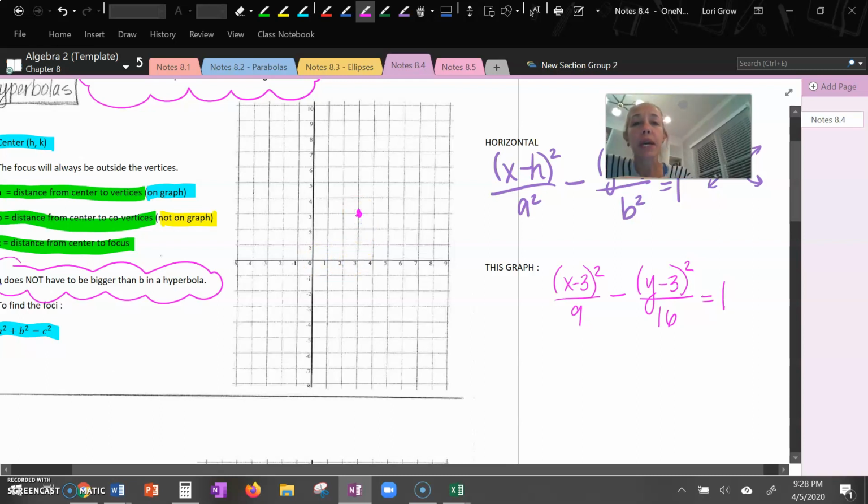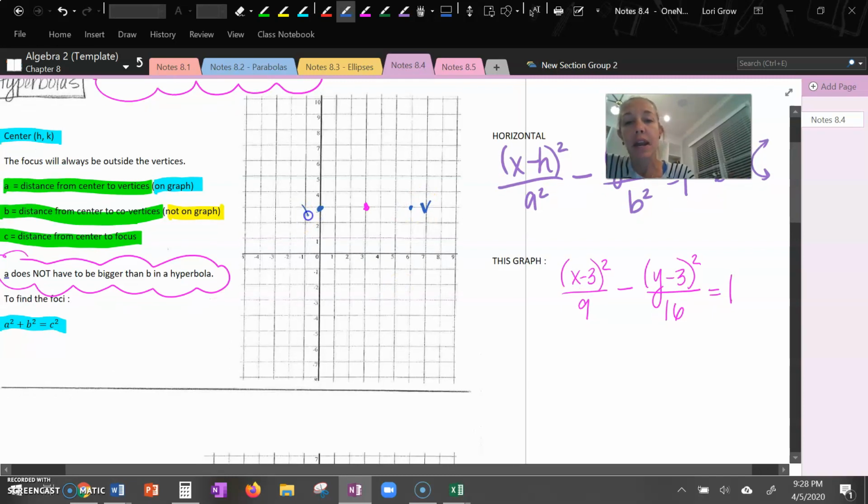You're going to go 3 in the x direction and 3 in the y direction. Now I already know that this is opening left and right, so that's going to trigger to me that this is a vertex and this is a vertex. I'll go 4 in the y direction. This is a co-vertex, and like I mentioned, will not be on the graph.